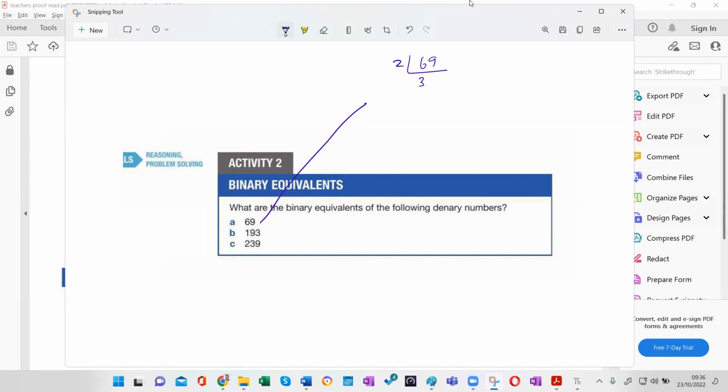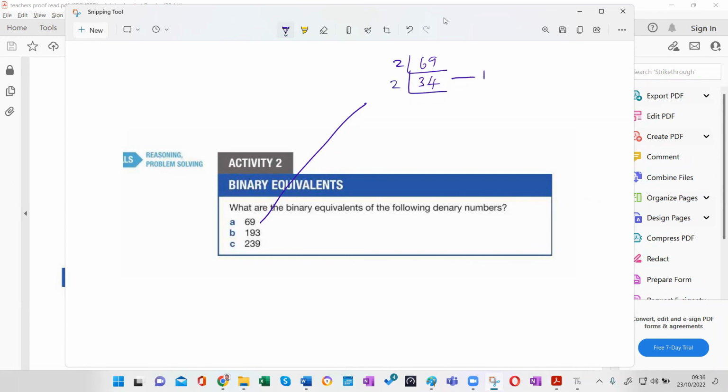Divide 69 by 2. 34. Sorry, my bad. 34, that's 68, right? Yeah, that's 68. And do you have any remainder? Yes, sir. 1 remainder, right?